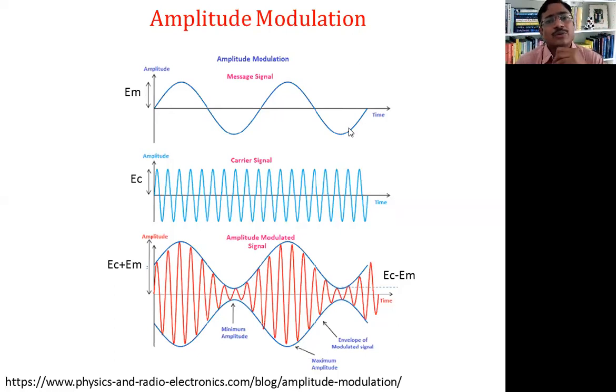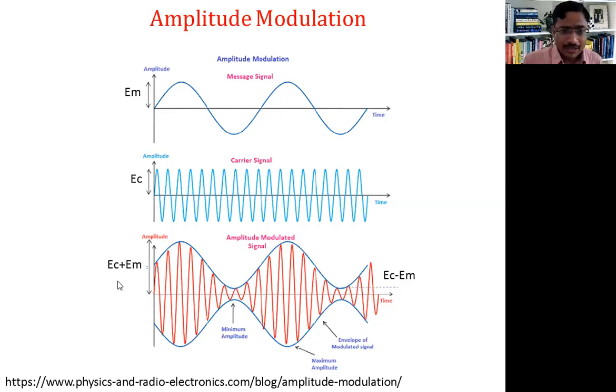This process is known as amplitude modulation. So amplitude modulation is the process in which the amplitude of the carrier signal is varied according to the amplitude of the modulating signal by keeping its frequency and phase constant. Means two parameters are constant: frequency is constant, phase is constant. Only amplitude is varied according to the amplitude of the information signal.